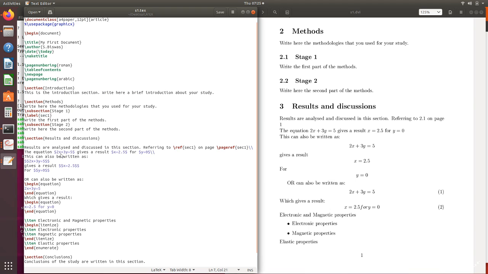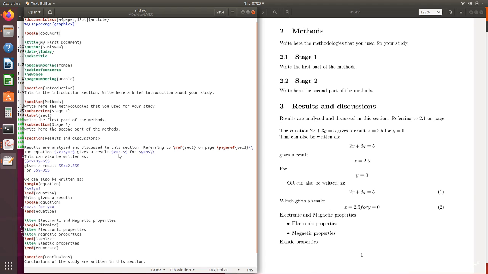Say we wish to write 2x plus 3y is equal to 5. Since it belongs to the sentence, we use a dollar sign before starting the equation and another after ending it, and then it gives the result x is equal to 2.5 for y is equal to 0.